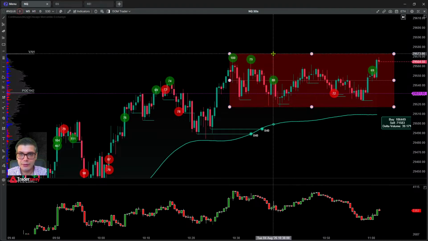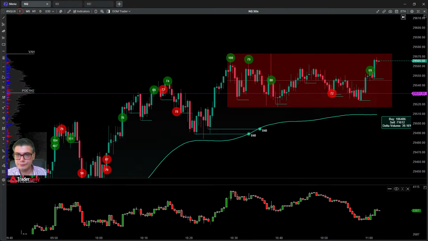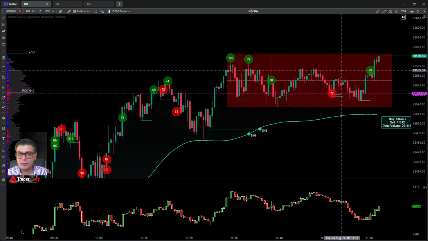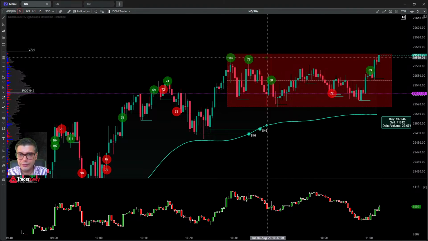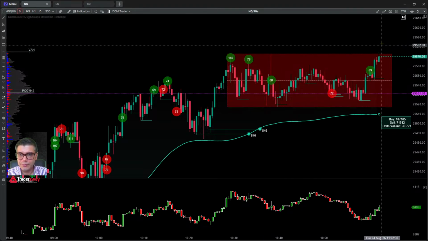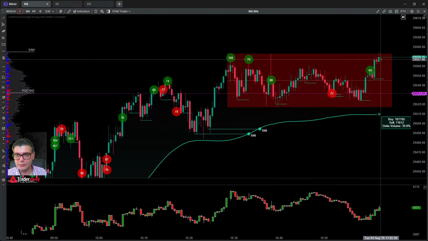Let's look at this high. Now, after taking this high, if it doesn't speed up, that still means we have buyers there. So the next candle is kind of important.